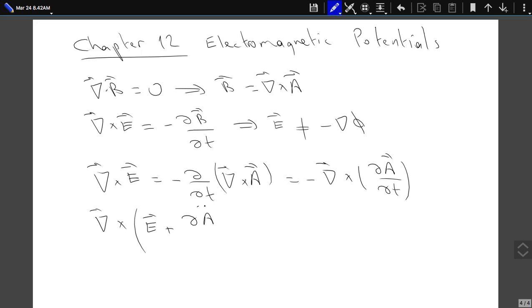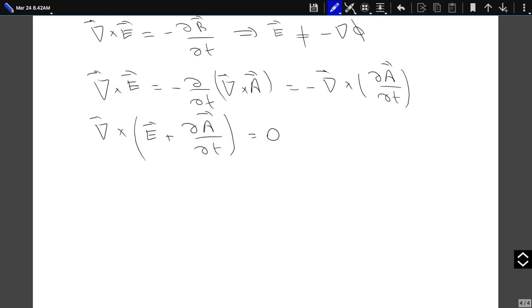So if I combine these terms on the same side, the curl of E plus the time derivative of this vector potential is zero. Now I have, not the electric field, but something else whose curl is zero.